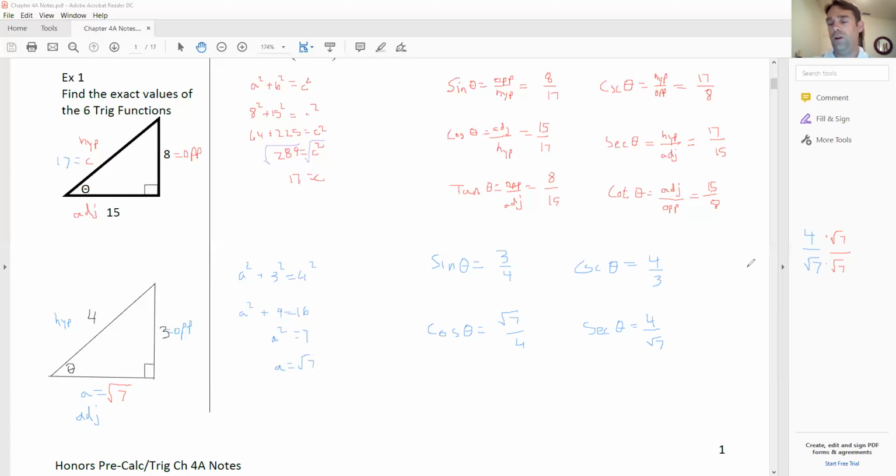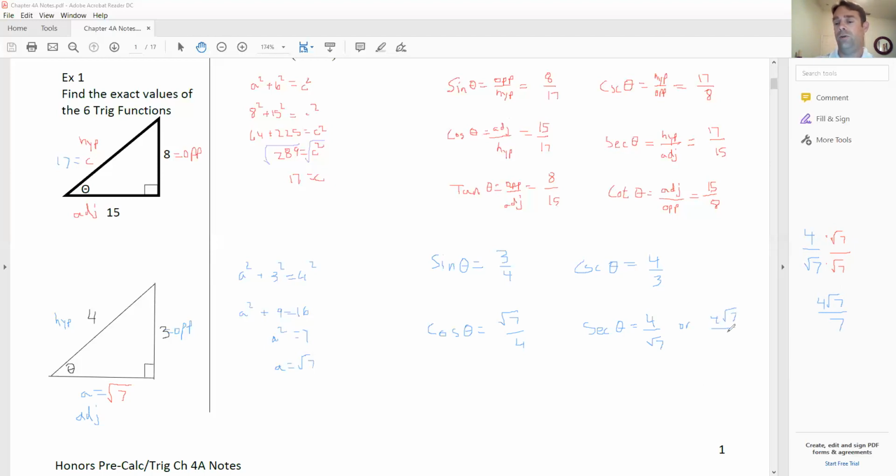And you end up with something like 4 root 7 over 7. And then you're told that that's simplified. No, it's rationalized. It's not simplified. You can do that if you want to. You don't have to.